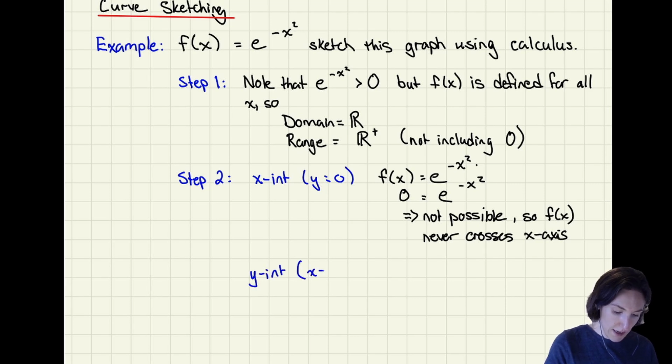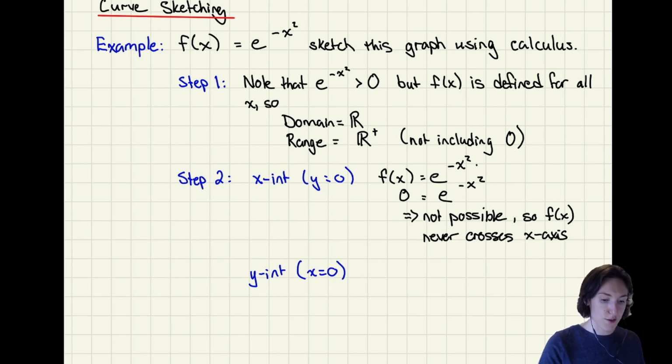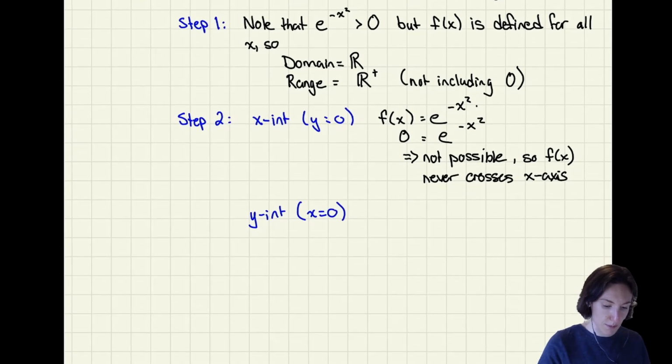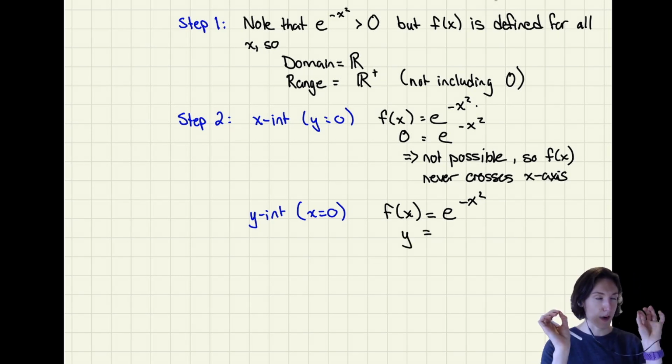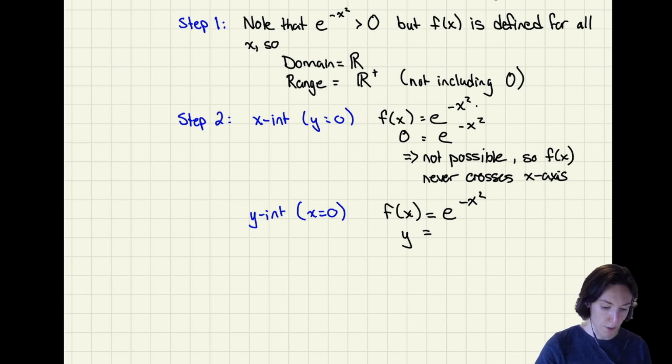Perfect. So now what we're going to do is the y-intercept. This corresponds to x being equal to 0. Again, we take our function, f of x is equal to e to the negative x squared, and we are subbing in 0. I'm going to call this y here, because whenever you plug in a value of x, f of x gives you a corresponding y.